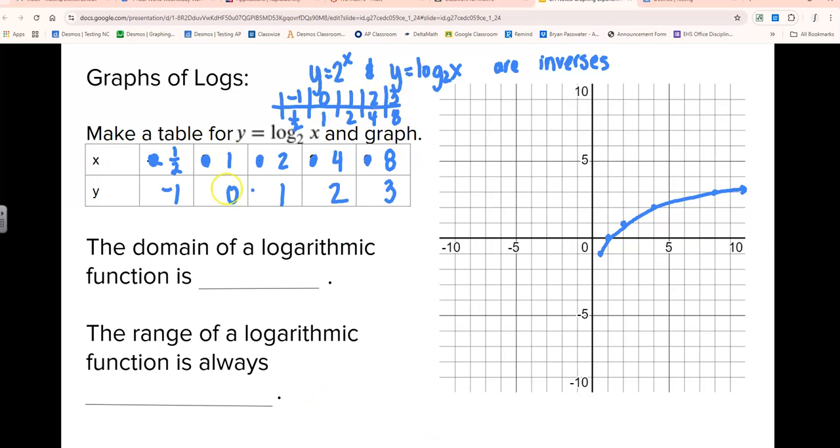So somebody plug in 0 for me, like log base 2 of 0. What do you get when you do log base 2 of 0? If you just go over to Desmos and type it in, it's undefined.